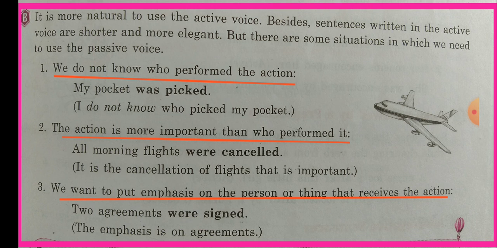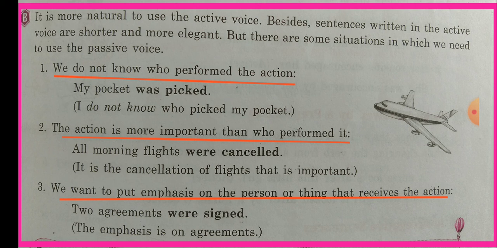So let us look at some examples and learn through examples which are the situations. As I told you, when we don't know who performed the action, like: My pocket was picked. Here we have used passive voice because we don't know who performed that action. So in such a case we will use passive voice.